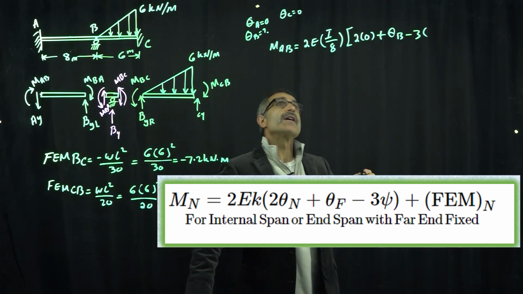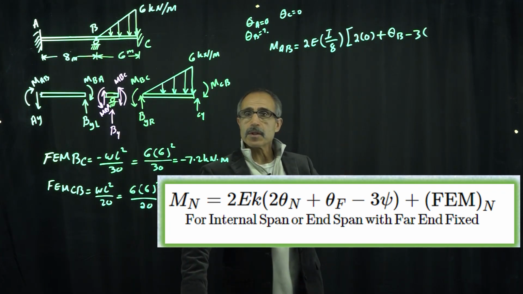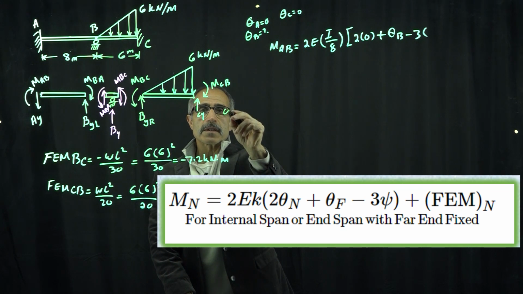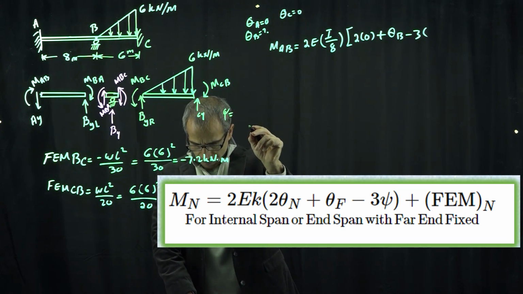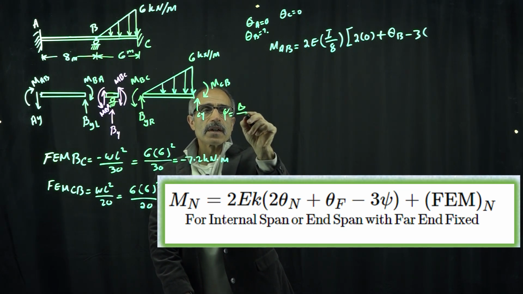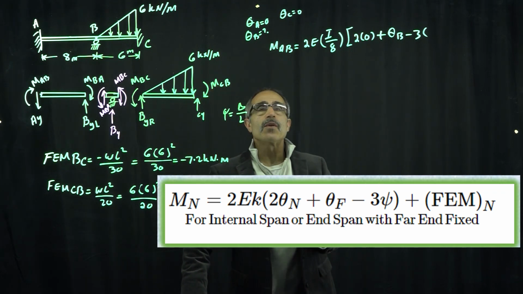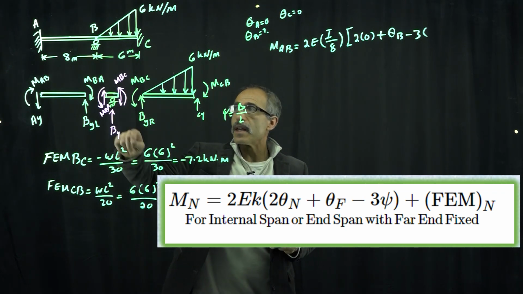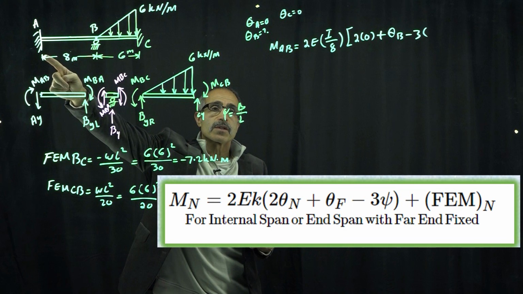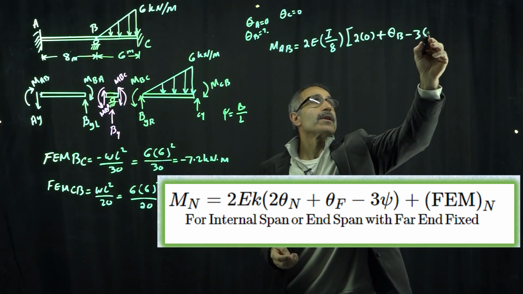Phi basically is delta divided by L. We know at A the delta is equal to 0, so it becomes 3 times 0.